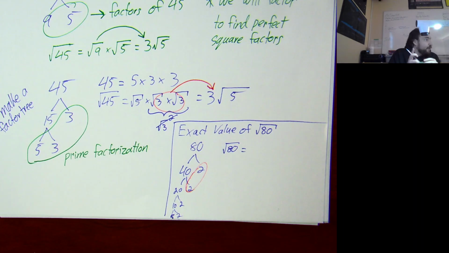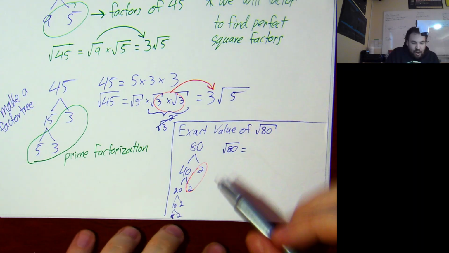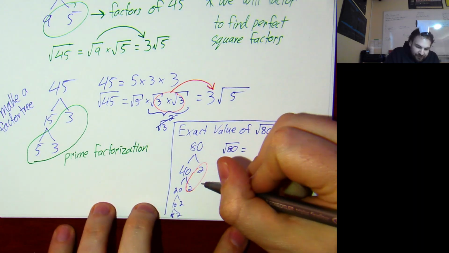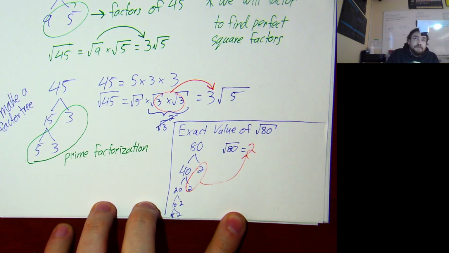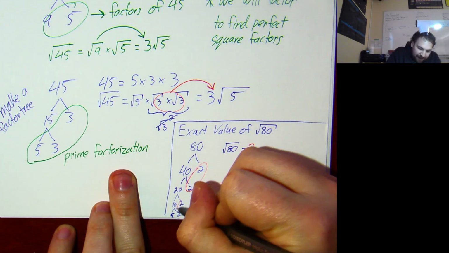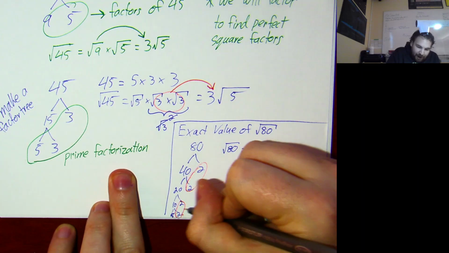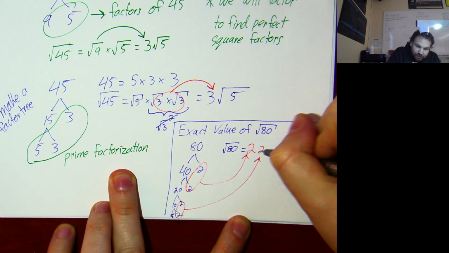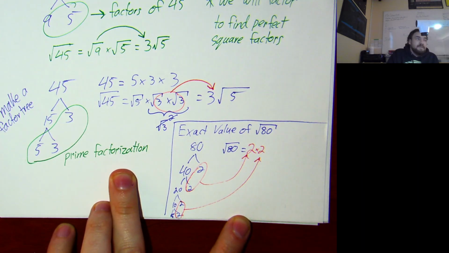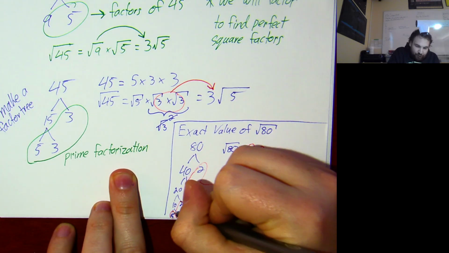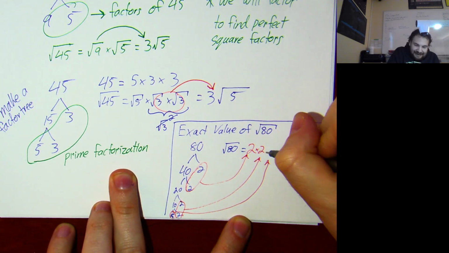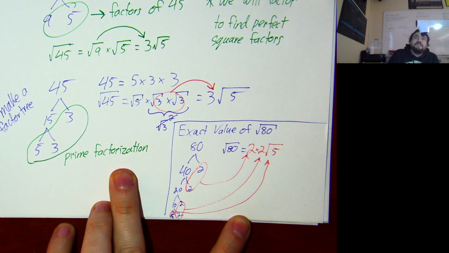Or I can recognize where we're going and see that this pair of 2's is going to pop out as a 2 out front. This pair of 2's is going to pop out as another 2 out front. Those are going to be multiplied together. And this 5, that's a poor sucker with no partner, is going to stay inside as a root 5.